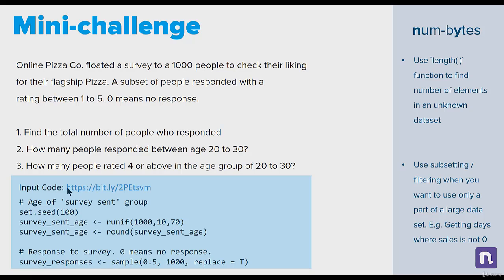This code is available in this URL. You can type in this URL in your browser or use the source function in your RStudio and pass this URL as a string to the source function. You will be able to run this line of code. Give it a shot. I will show you the answers in a few seconds.